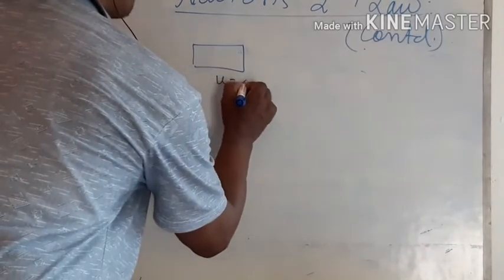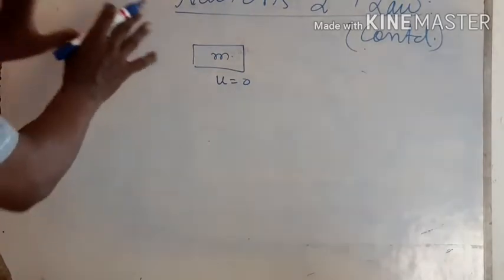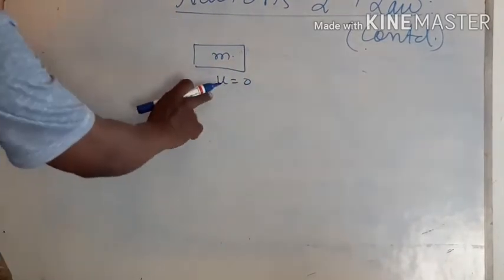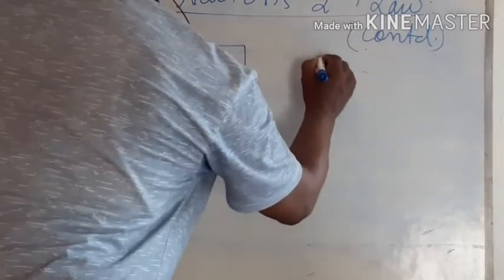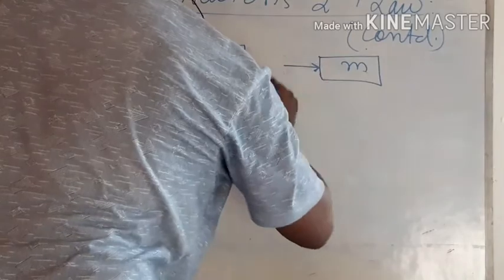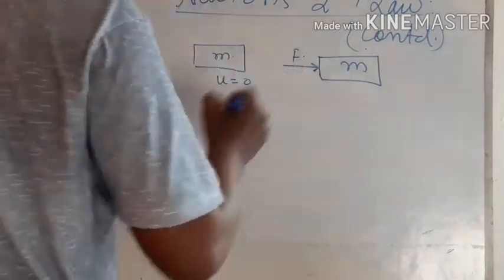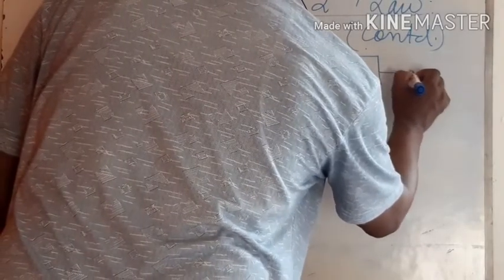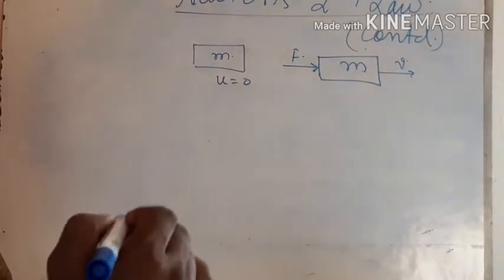Its initial velocity is equal to 0, right? Now this will remain in the state of rest, means the velocity will be 0, unless some external force is applied on it. And when this external force is applied, the body will have a change in velocity, say v. This was your Newton's first law.